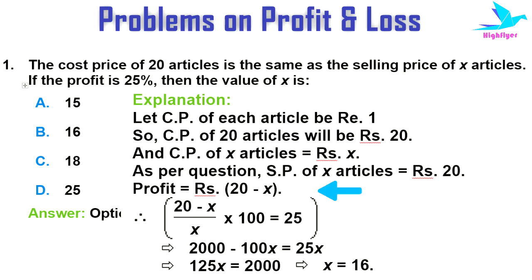So profit will be selling price minus cost price, that is equal to 20 minus X. Then profit percentage will be profit by cost price into 100, that is equal to (20 minus X) by X into 100, which is equal to 25 because it's given that the profit is 25%. Now solving the equation, we are getting X equals 16.